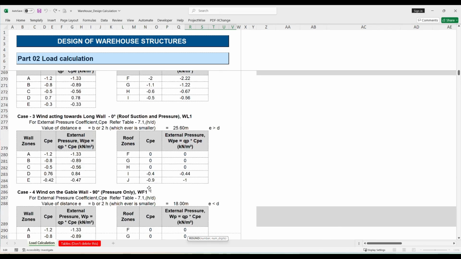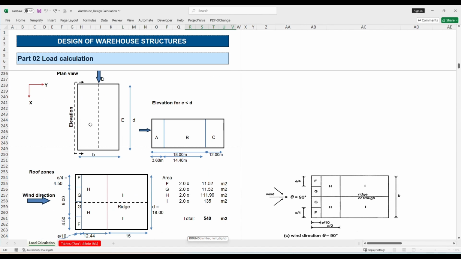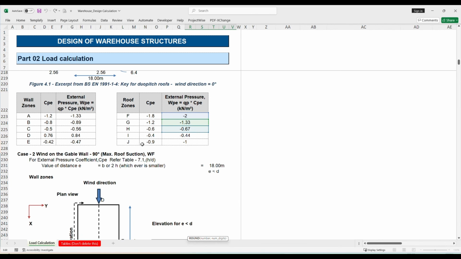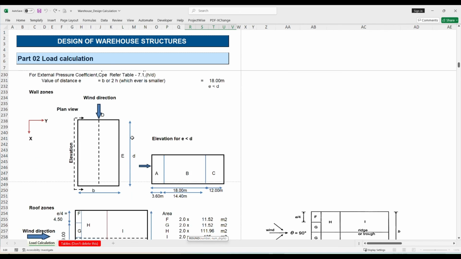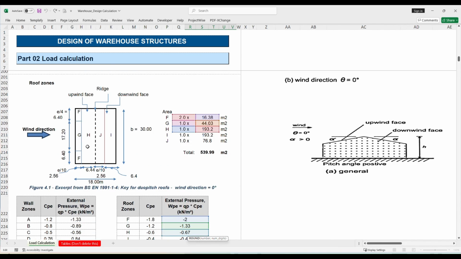And for the roof, there are windward and leeward parts. In this picture you can see that half of the portion is called windward, and the right hand side half portion is called leeward. So E, F, G, H fall under windward, and E, F, G, H and J, I fall in leeward.